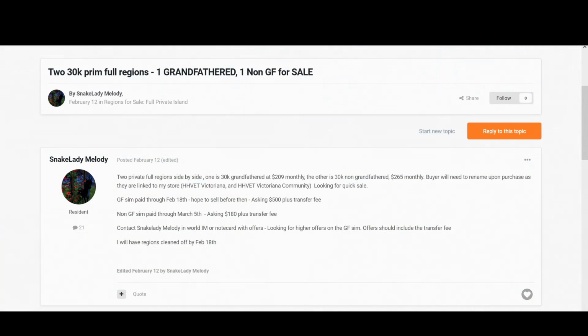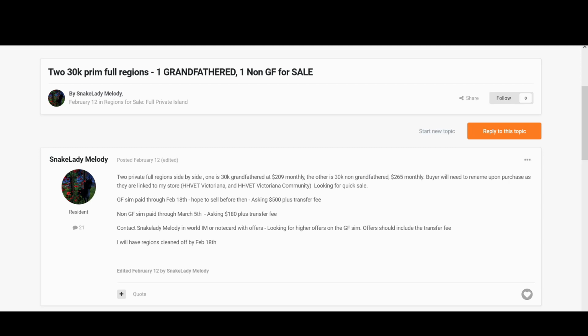230K prim full regions, one grandfathered, one non-grandfathered. Now that is something that I'm glad is right here, because that saves me a couple of steps.